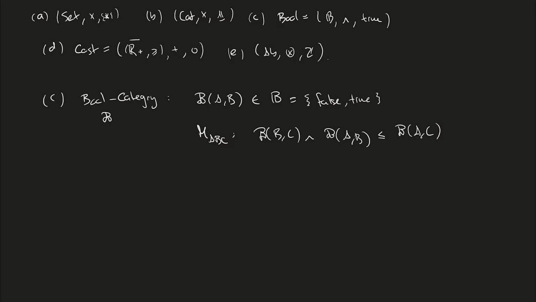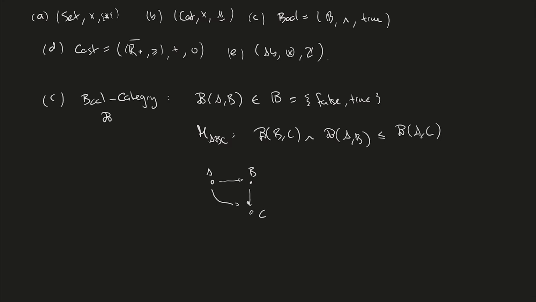So it's saying that if we have objects A, B, and C, then the Hom object between A and B, so I'll draw this as an arrow, and B and C, they have to have a specific relation, namely that if we take the value of AND of both of those objects, then this has to be less than or equal to the Hom object between A and C.